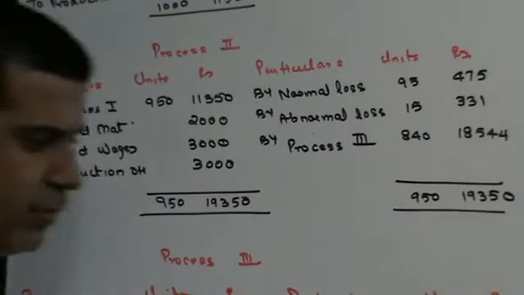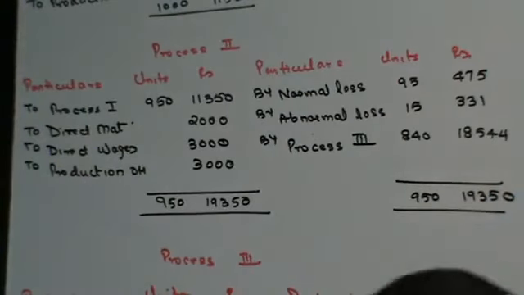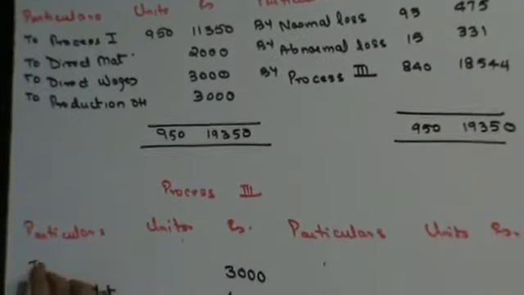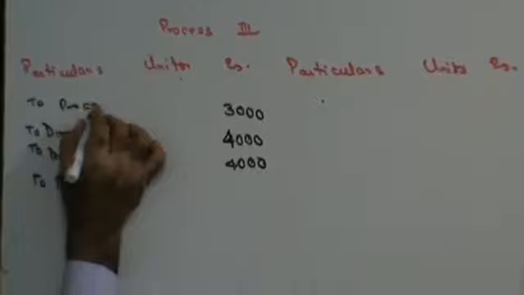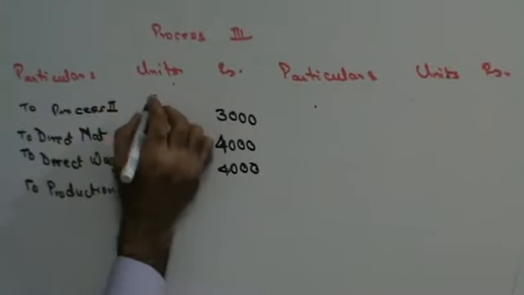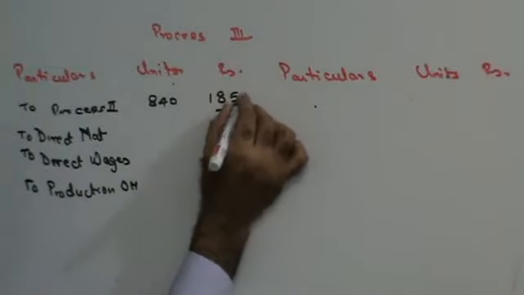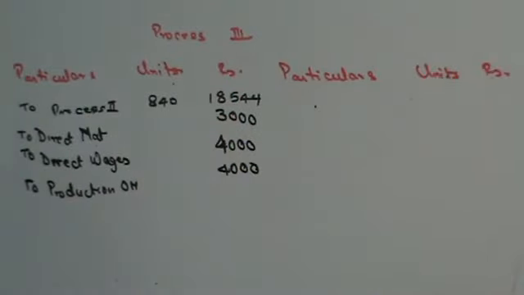This is going to be 950 and 19,350. Once you've done this, whatever is the output of process 2 will be transferred to process 3. So you will write this as process 2, 840 and 18,544. Right? Now let's do this addition.